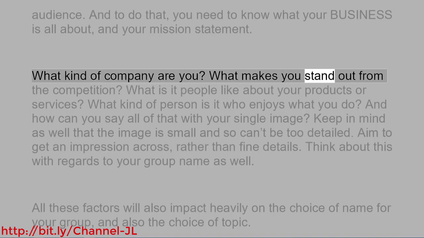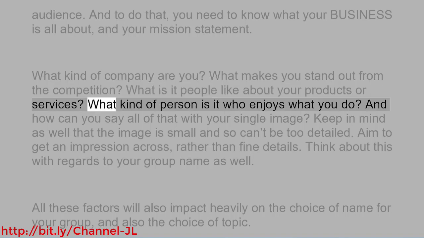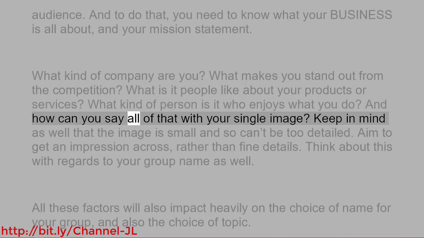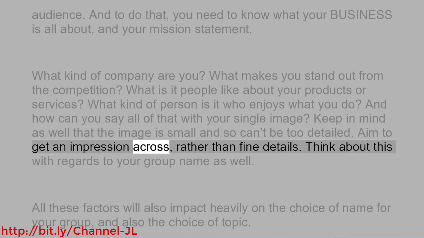What makes you stand out from the competition? What is it people like about your products or services? What kind of person is it who enjoys what you do? And how can you say all of that with your single image? Keep in mind as well that the image is small and so can't be too detailed. Aim to get an impression across, rather than fine details.